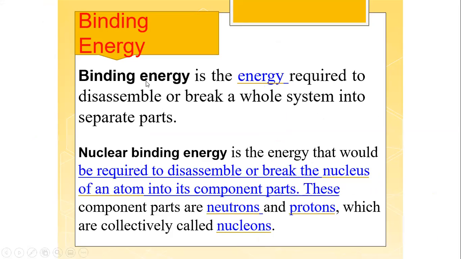The phenomenon of binding energy is mostly related to the nucleus. In terms of nuclear binding energy, the nuclear binding energy is the energy that would be required to disassemble or break the nucleus of an atom into its component parts, and these component parts are protons and neutrons, which are collectively called nucleons.